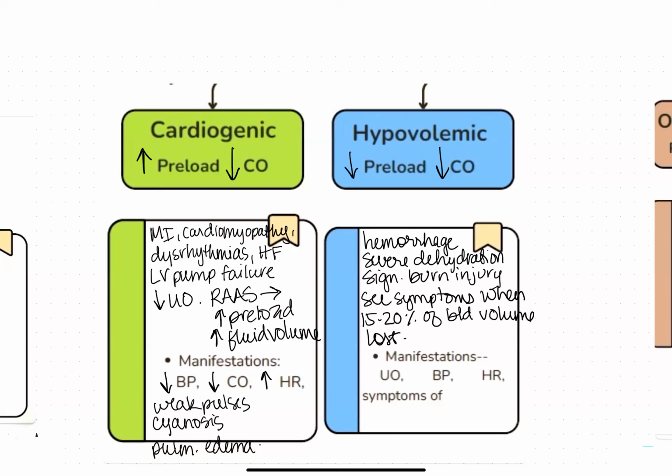The manifestations of hypovolemic shock include decreased urine output, decreased blood pressure, and increased heart rate as the body tries to compensate and increase blood flow to the extremities. In addition, you're going to see all the symptoms of fluid volume deficit or dehydration.